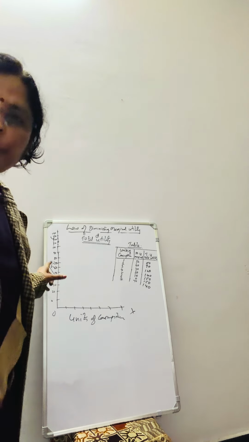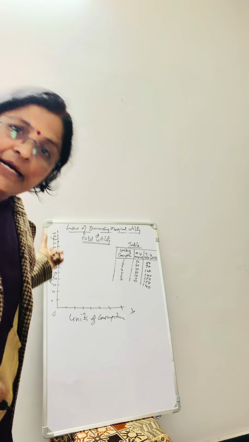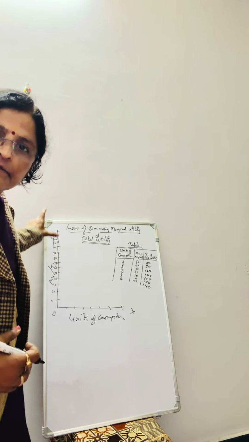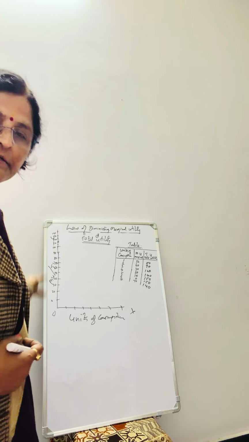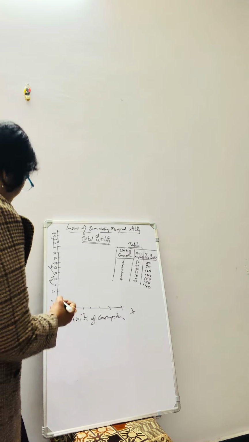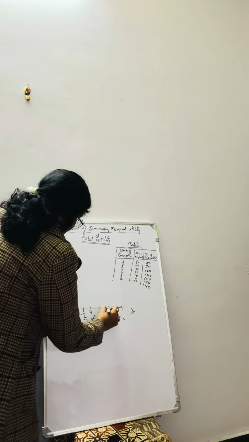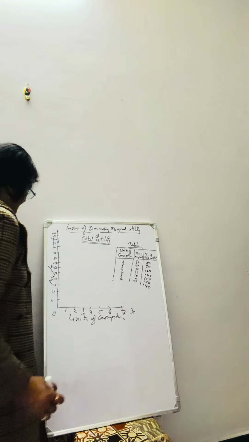We are showing both the marginal utility as well as the total utility, that's why we are taking the numbers from 10 to 140. Now 1, 2, 3, 4, 5, 6 and 7.